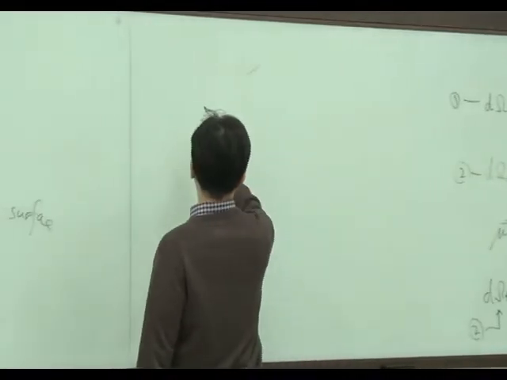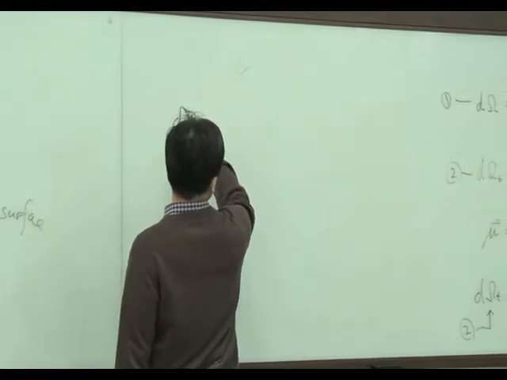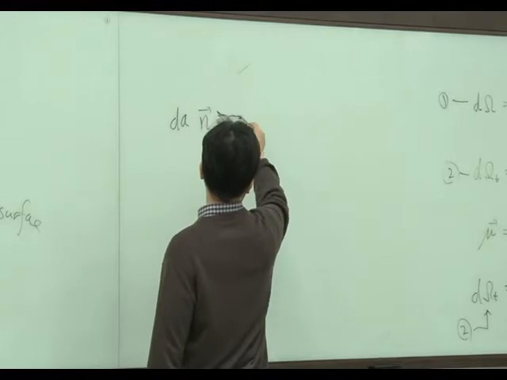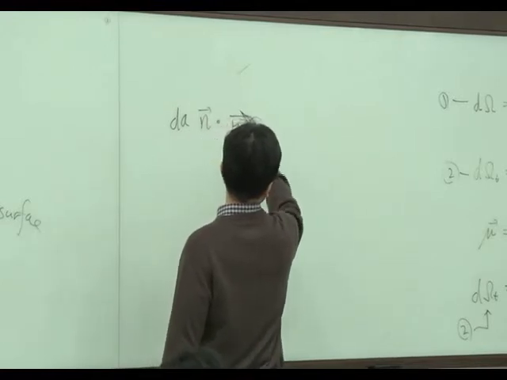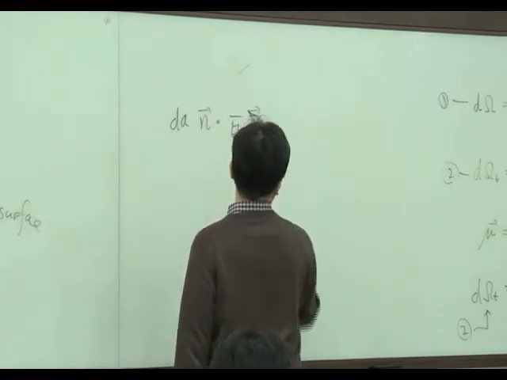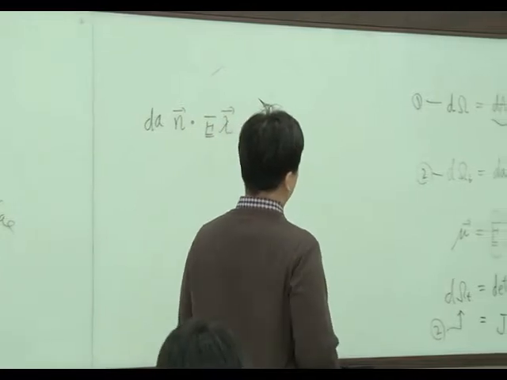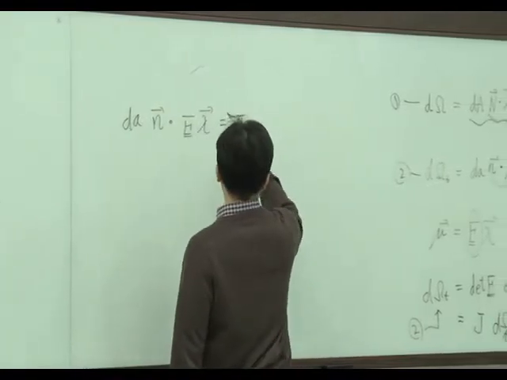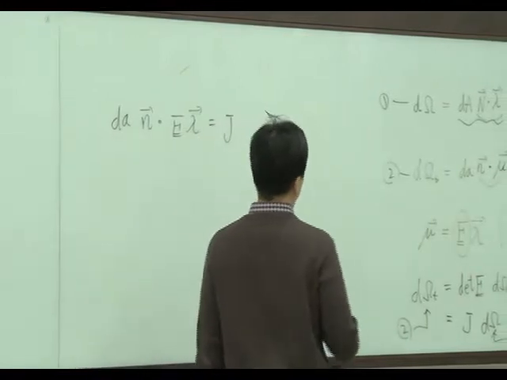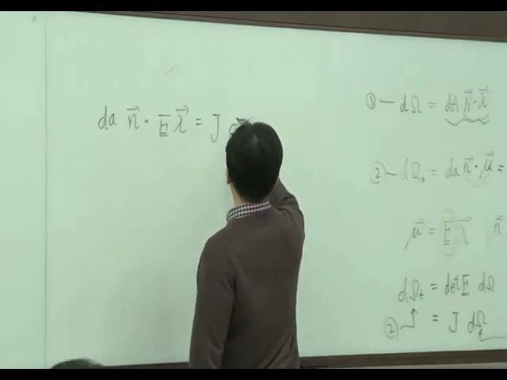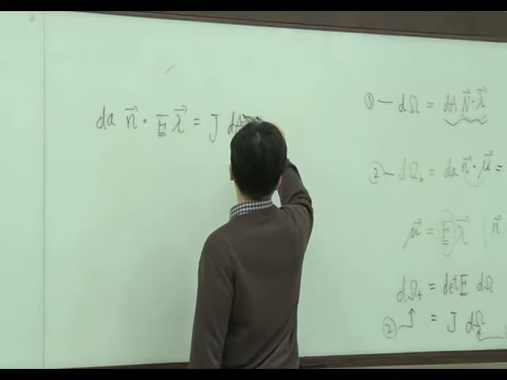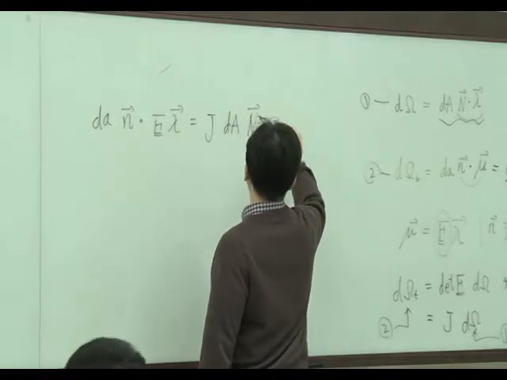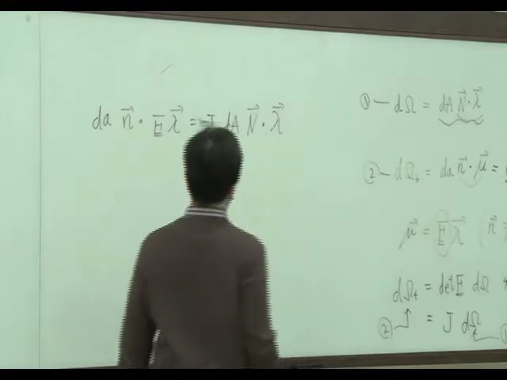So equation 2 becomes da n dot product F lambda equals J dA n dot lambda, right?